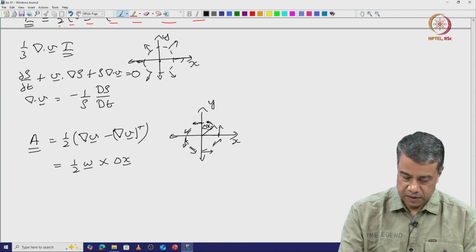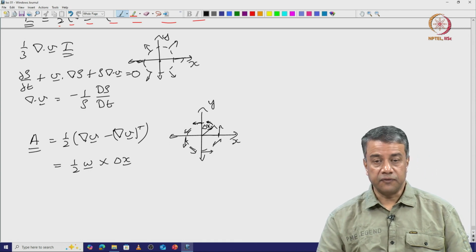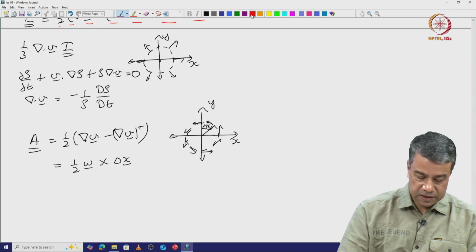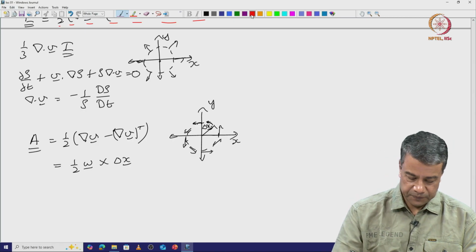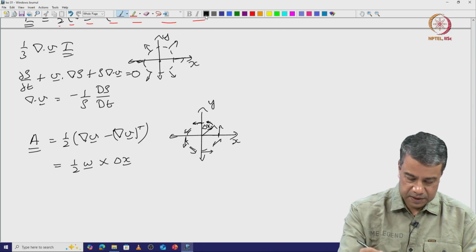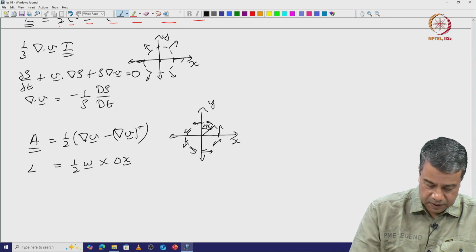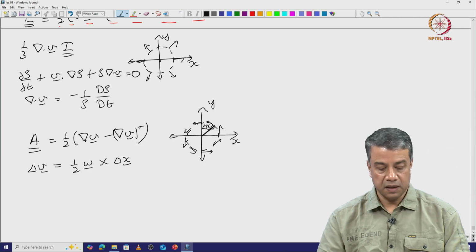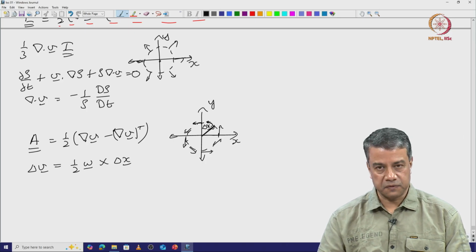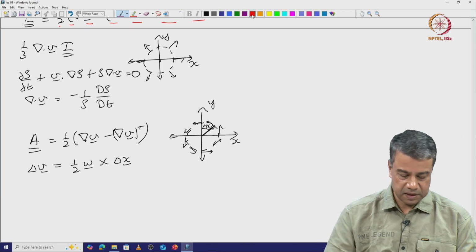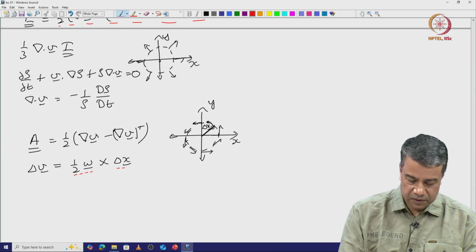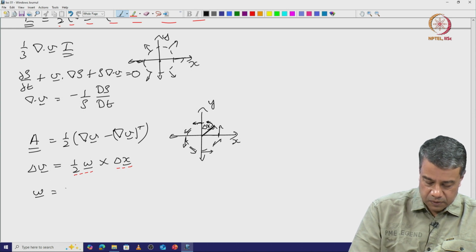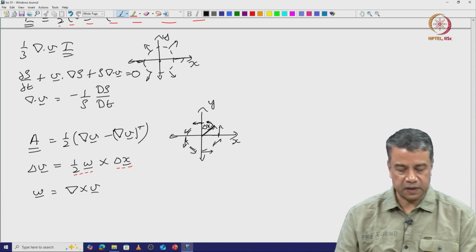So, I should write this not as antisymmetric, but as delta v: the difference in velocity between 2 points separated by delta x, due to the antisymmetric part of the rate of deformation tensor, can be expressed as 1/2 of the vorticity cross delta x, where the vorticity is equal to the curl of the velocity vector.